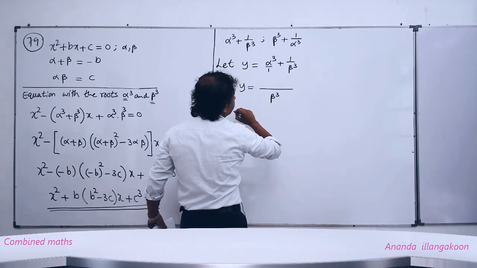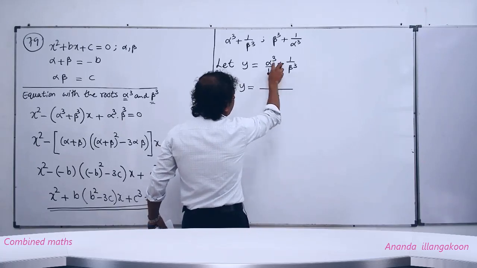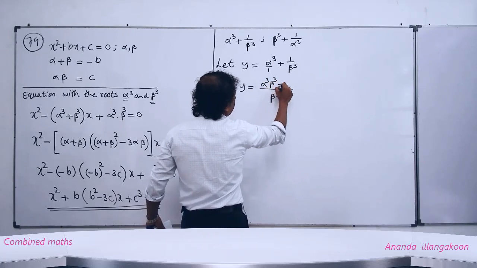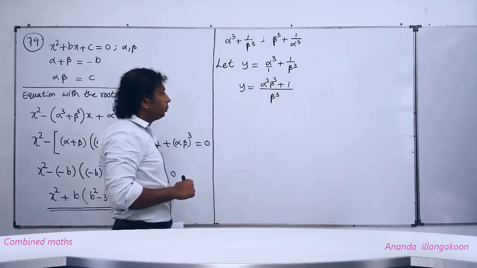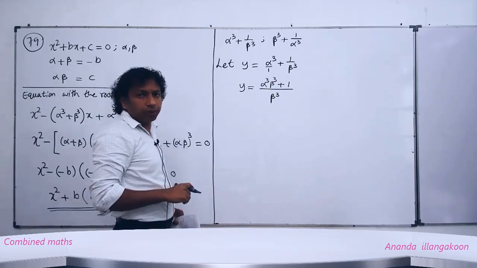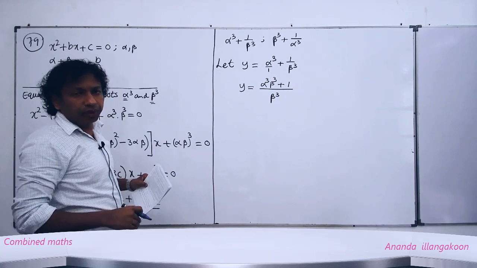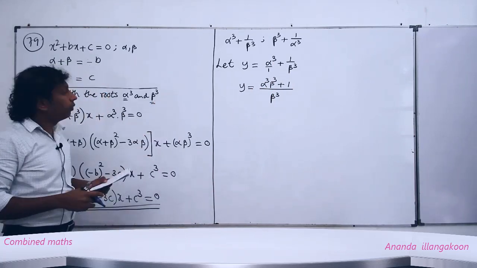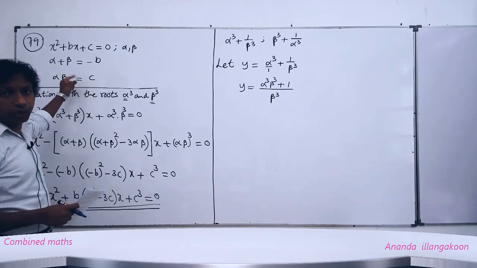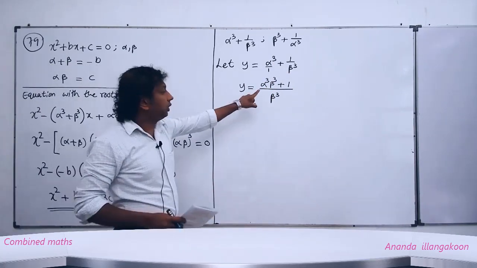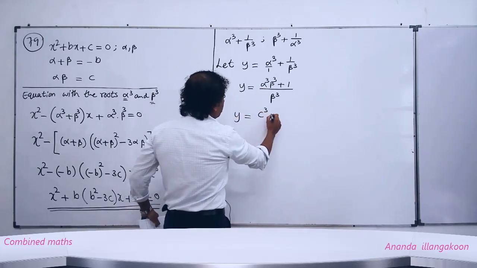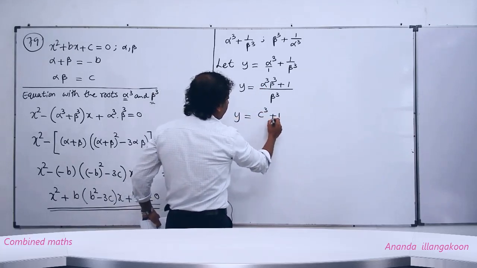Then this beta cube comes here, and alpha cube beta cube plus 1. Alpha cube beta cube means alpha beta to the power 3. Alpha beta is c, so alpha cube beta cube means c cube.